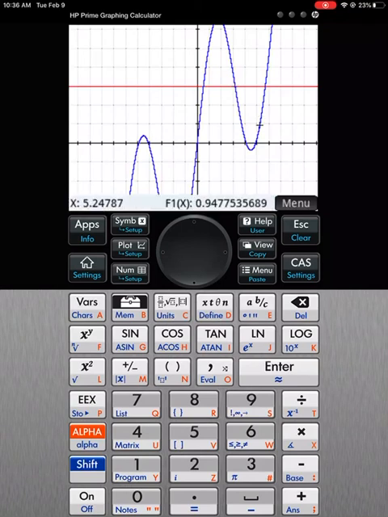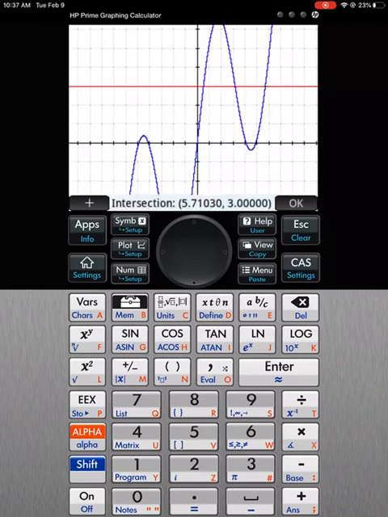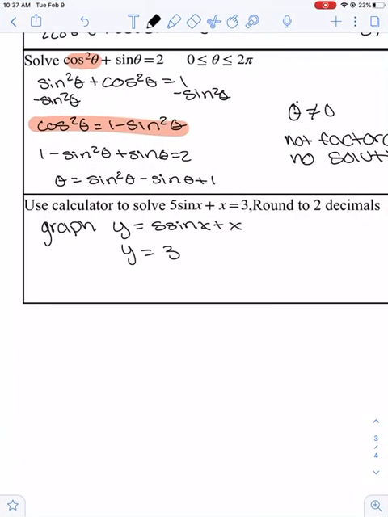The next one is 3.17. And the last one is 5.7. So those points of intersection are our solutions. So we get x equals 0.52, 3.18, and 5.